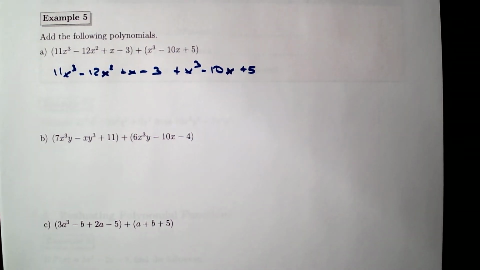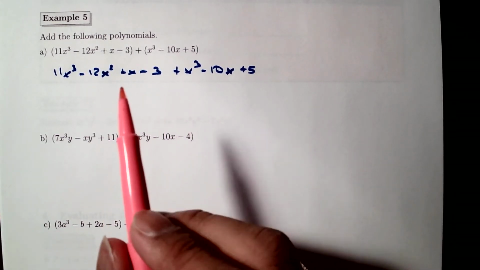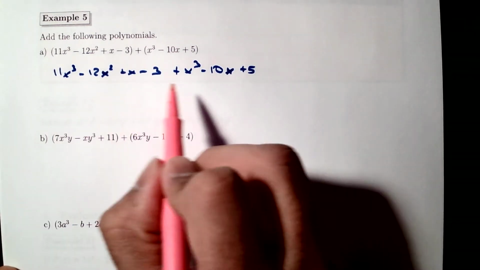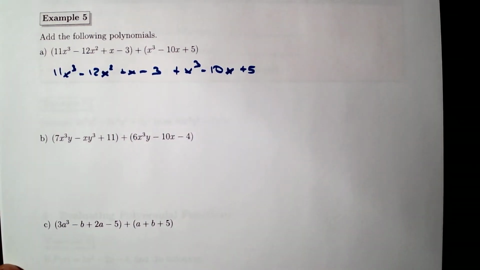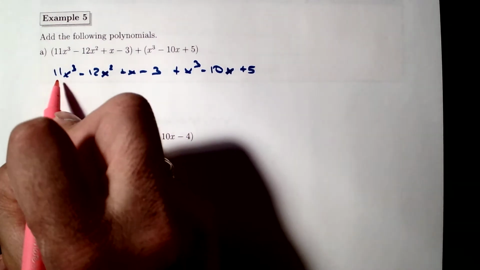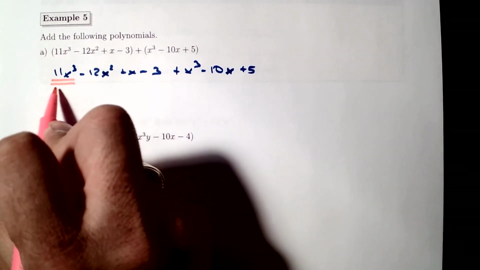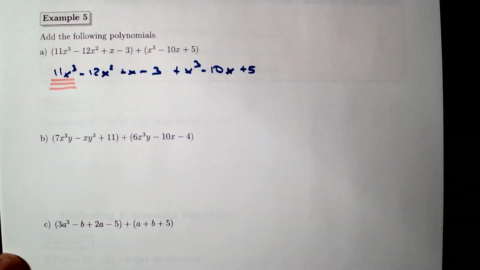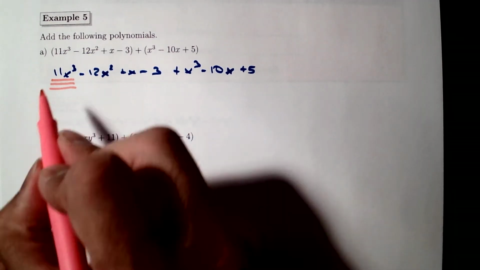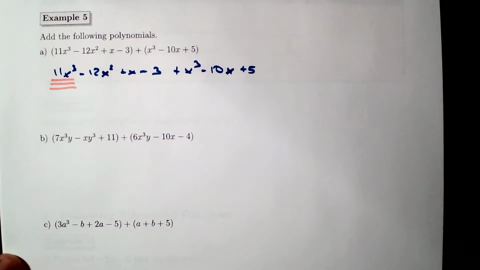Now, what are we going to do in this case? What I like doing when adding and subtracting polynomials, because we're going to combine like terms, is to look for the terms that have the same variable raised to exactly the same power. In this case, I have x cubed. I'm going to draw 3 bars below the x cubed to identify that this is degree 3.